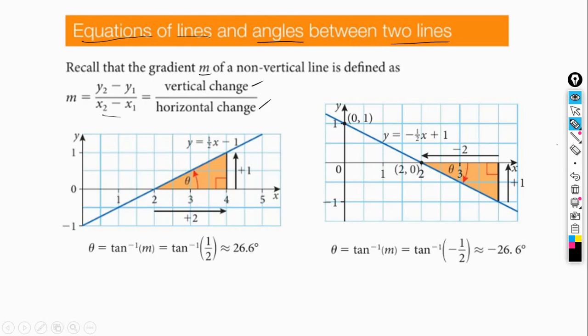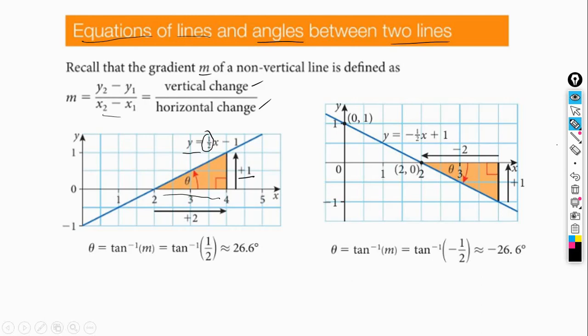So if we look at this figure on the left-hand side, we have the equation y is equal to 1/2, that's the slope or the gradient, times x minus 1. So if the gradient is 1/2, it means that it goes up 1 and it moves 2 to the right. In other words, every time it moves 1 up, it will move 2 to the right.